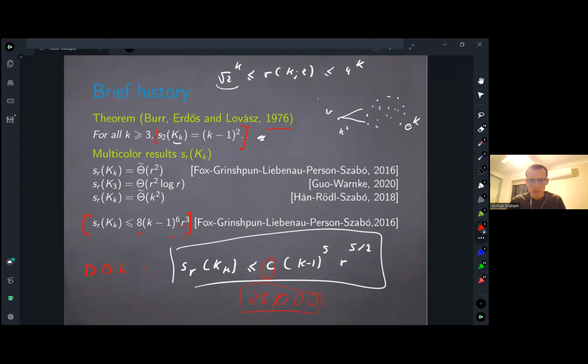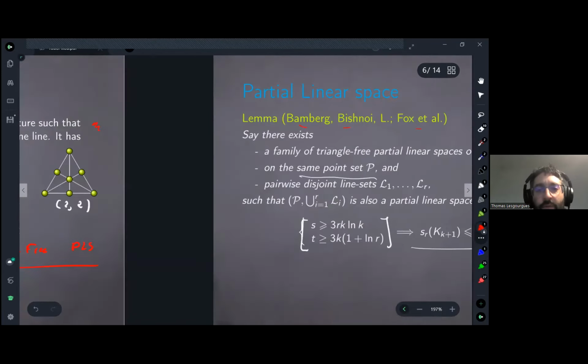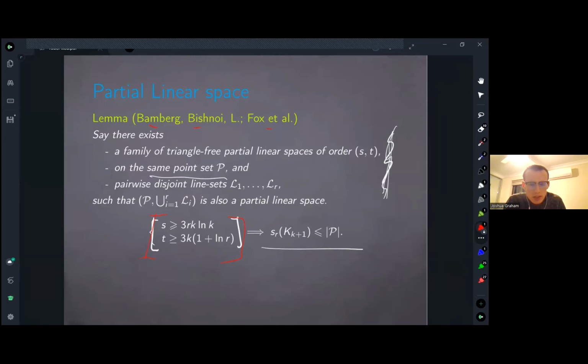And that constant comes really from the fact that when we say that the partial linear space family gives us a color packing, we have some specific condition on the order of the partial linear space. Sorry, can you say that again? The lemma where we say that if you have a family of partial linear spaces, then you have a color packing, so the family of graphs.